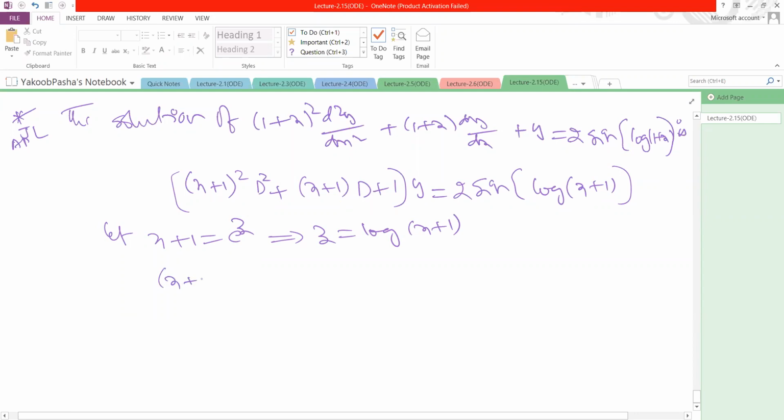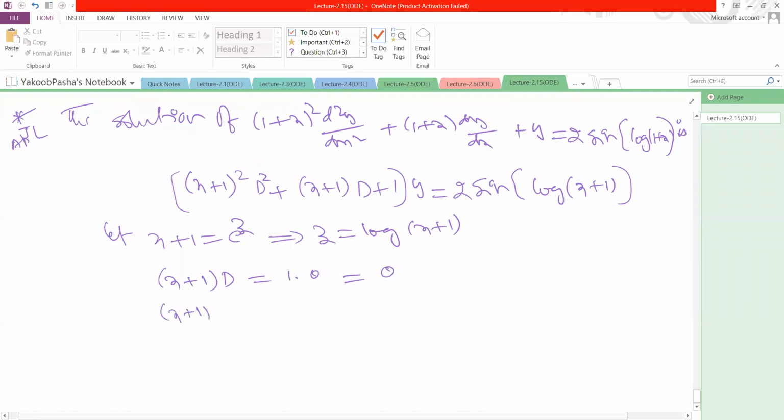I am writing the values here. (x plus 1) into d is a into theta, and a equal to 1, so 1 into theta, nothing but theta.